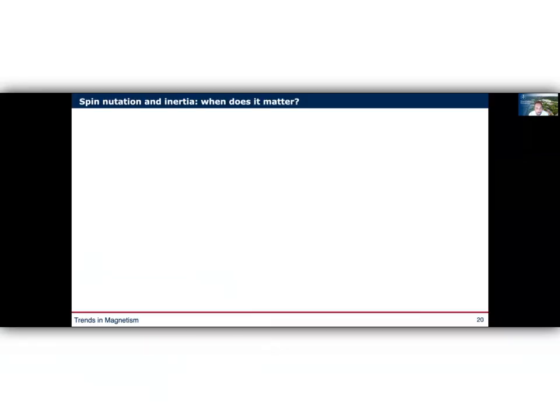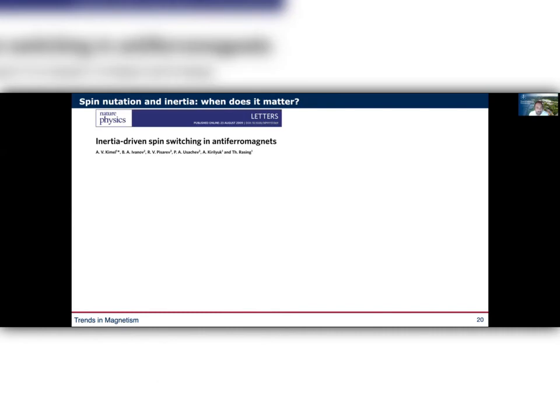Okay, just to conclude very briefly: spin nutation inertia, when does it matter? I really like one of the pictures put forward by Alexey Kimel and co-authors when they looked at inertia-driven spin switching in antiferromagnets. We were the first to observe it in a pure ferromagnet, but in antiferromagnets it was observed.